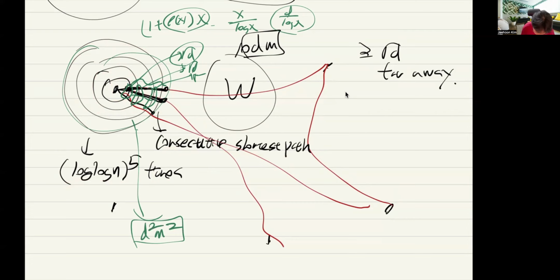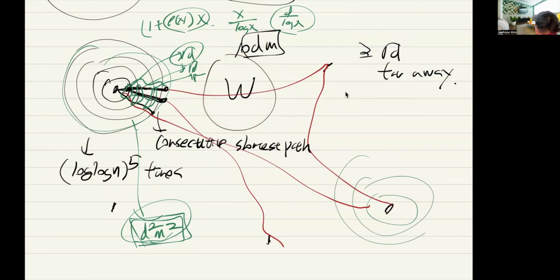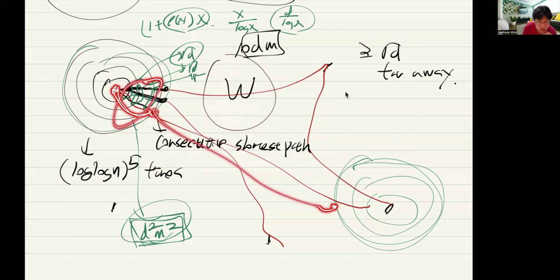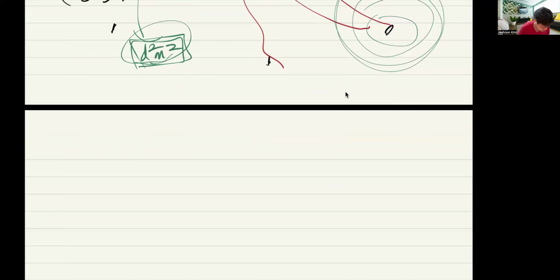Actually, D and M are on the same order. So this is so big now that you can actually avoid this W. In the same way you do that, and then this becomes so big that you can connect them. Once you connect that, you add the shortest path between here and here again, so that this forms another consecutive shortest path. So next iteration is okay. So that's roughly the idea of the last case.